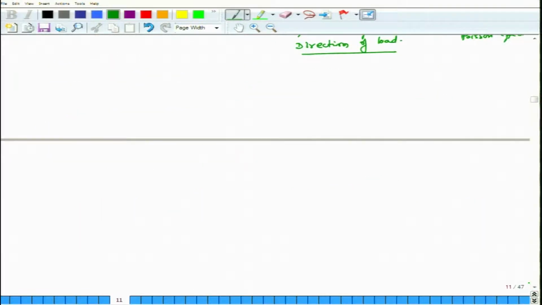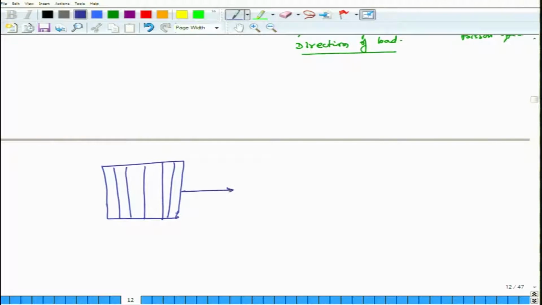Similarly, if I have a sample like this, where the fibers are aligned in this direction and I am pulling it in the transverse direction, then as I pull it, it becomes longer and slimmer.